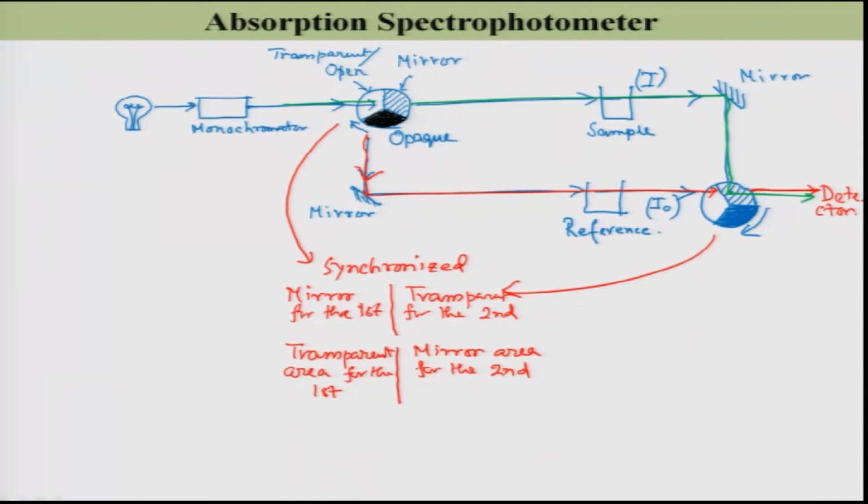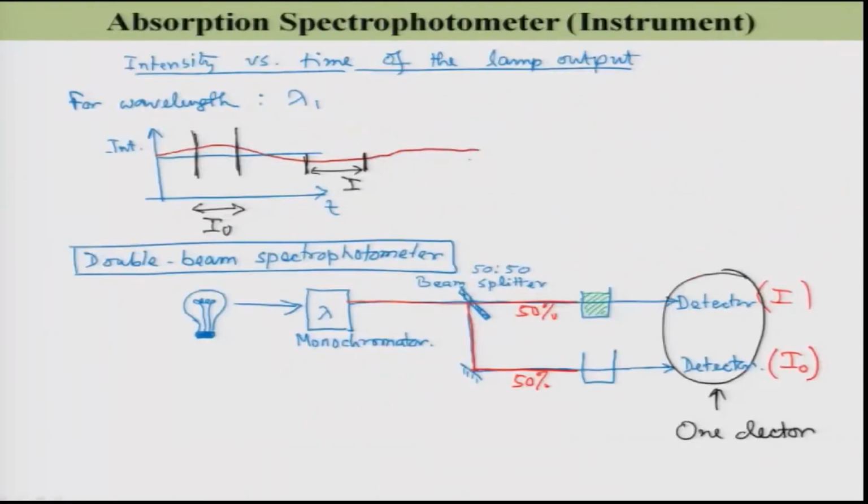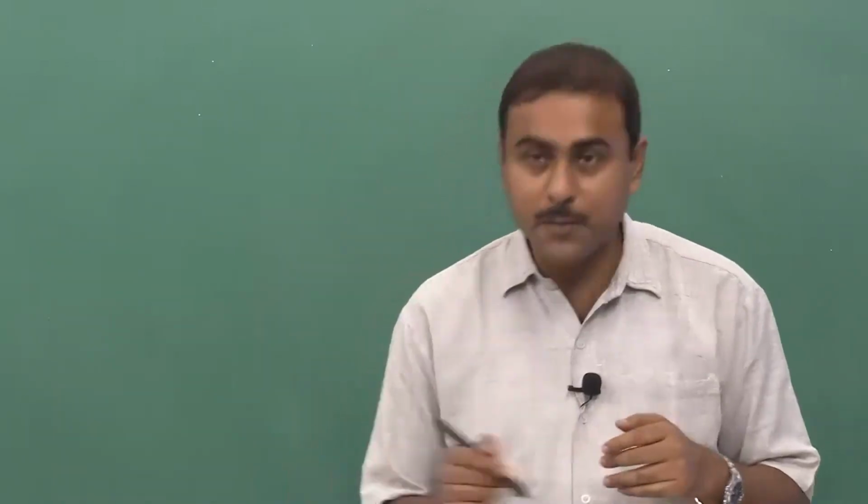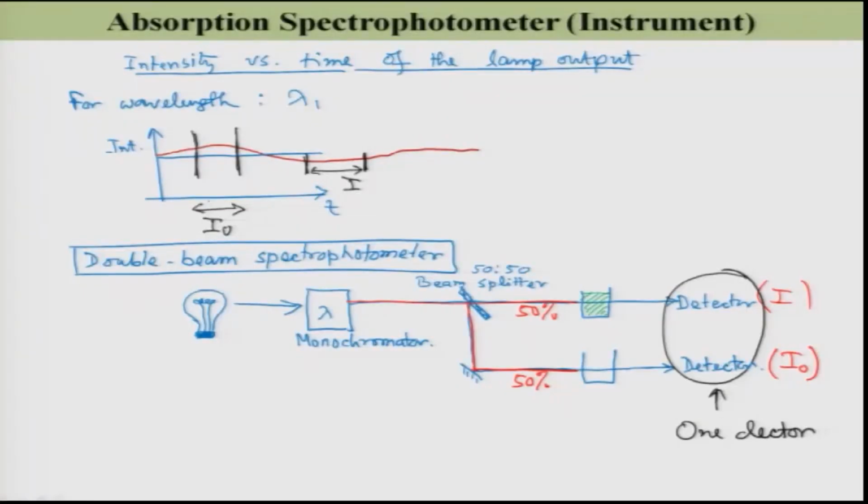Here these two rotating mirror systems are rotated at high speed, so that in this graph, if you are measuring I0, the measurement windows of I0 and I in real time are really small, and you are repeating this measurement many times. So, for example, earlier for the single beam spectrophotometer, this was your measuring window: the measuring window for I0 is this much, and I was like over here, right.